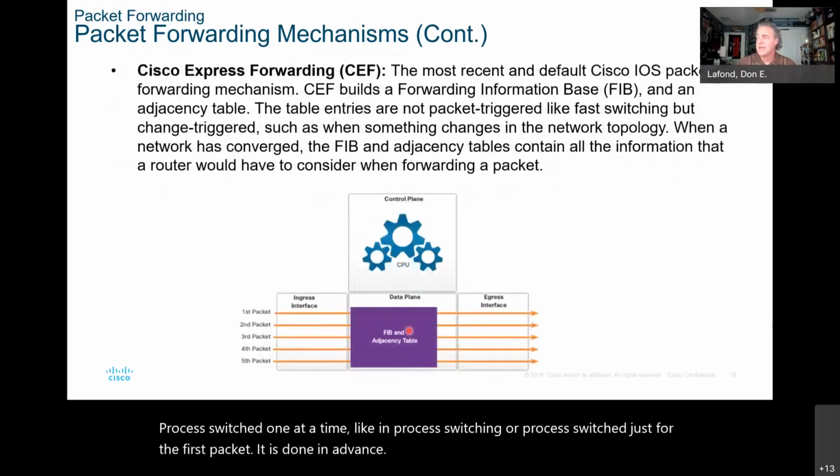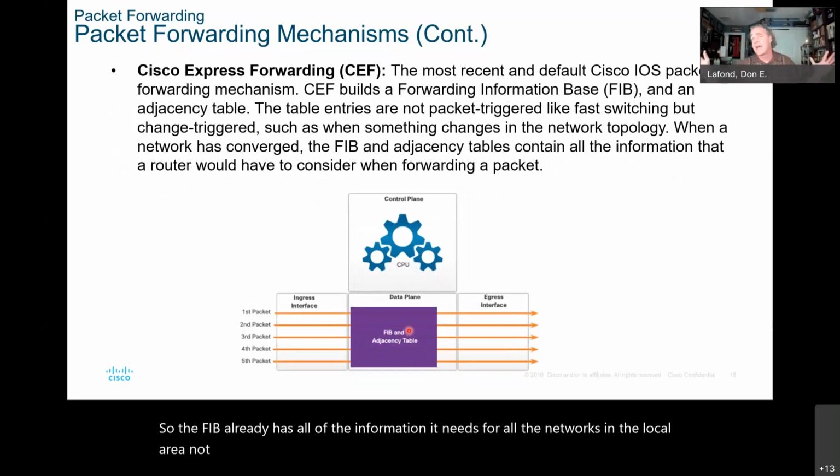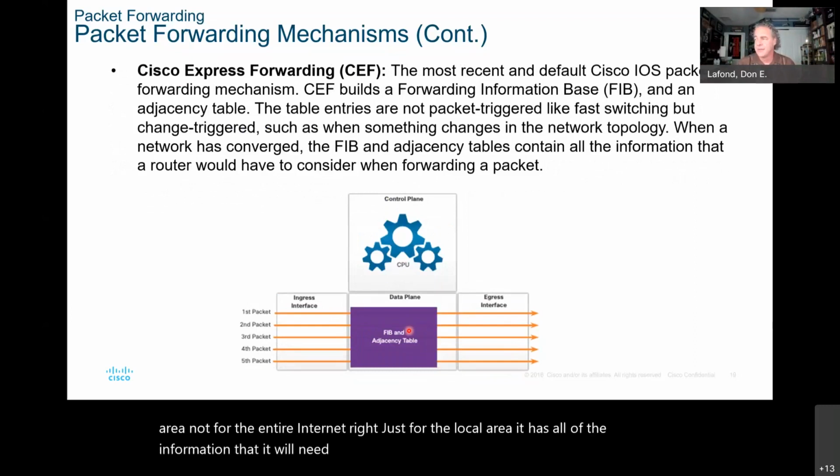So the FIB already has all of the information it needs for all of the networks in the local area, not for the entire internet, right? Just for the local area. It has all of the information that it will need already stored in the FIB and the adjacency table.